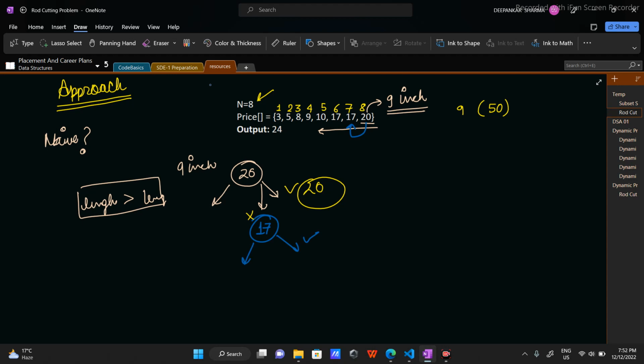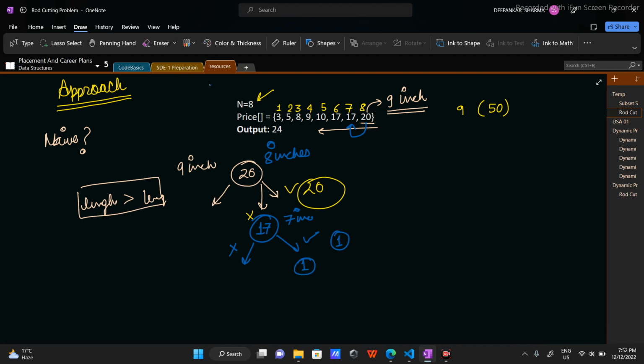This was 8 inches, so this will be 7 inches, so I'll have 1 inch remaining. If I include it, I'm left with 1 inch.